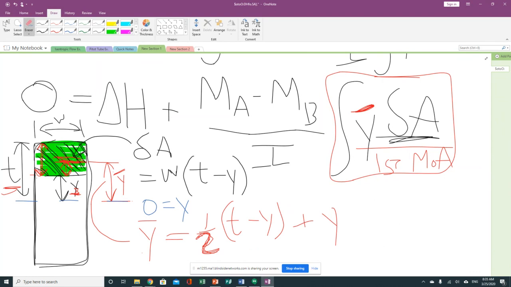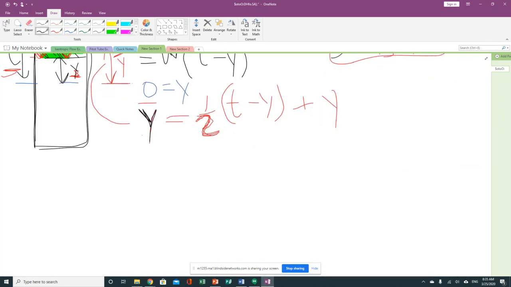I can replace this integral, because the integral y dA, which is called my first moment of area, is equal to y bar times the dA that I've come up with. I can replace that entire integral so that it looks something like this.